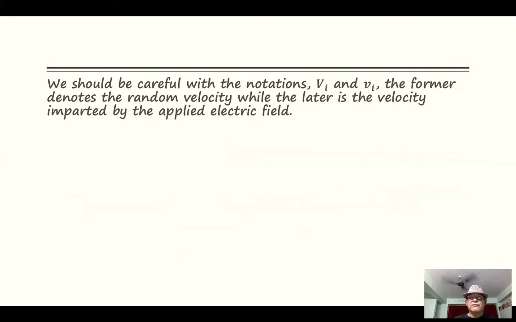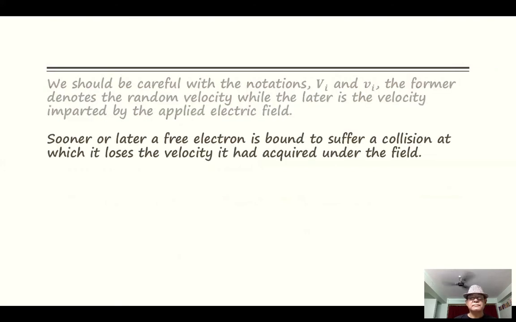We should be careful with the notation capital V_i and small v_i. The former denotes the random velocity, while the latter is the velocity imparted by the applied electric field. Sooner or later, a free electron is bound to suffer a collision at which it loses the velocity it had acquired under the field.